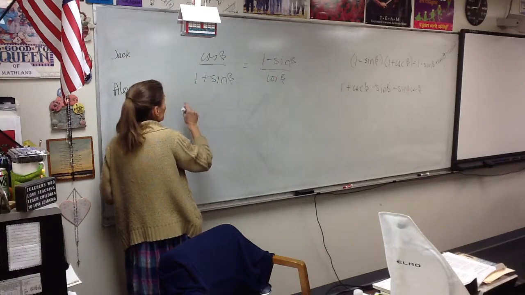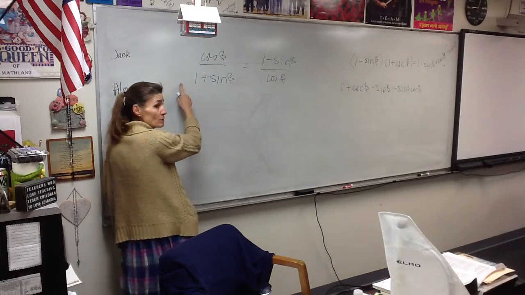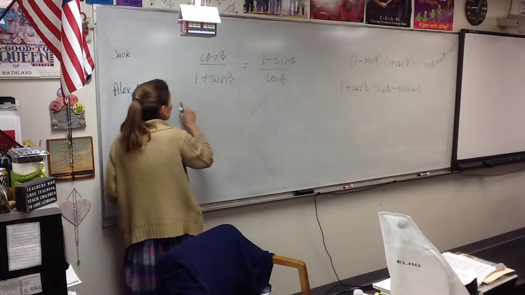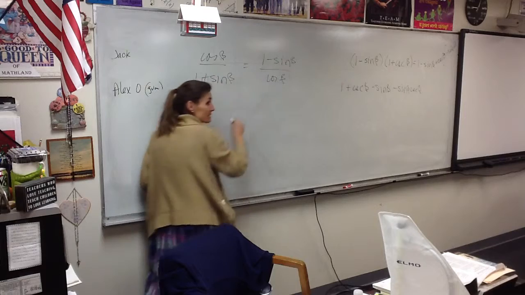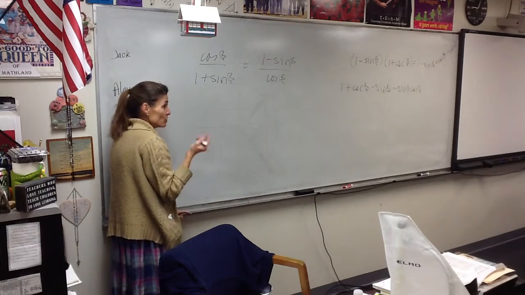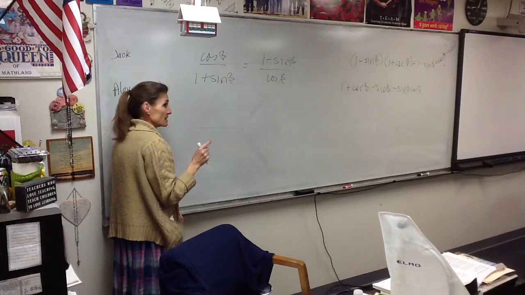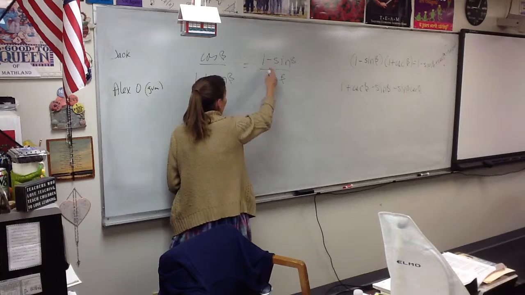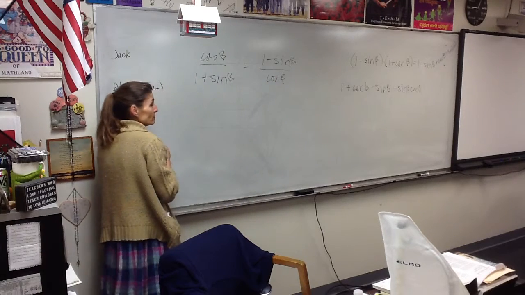So choices would be multiply top and bottom by cosine B, because I need that, or multiply top and bottom by 1 minus sine B, because you need that. Either one's going to give you exactly what you need in the same amount of steps. So it doesn't really matter, but either multiply top and bottom by that or by that.